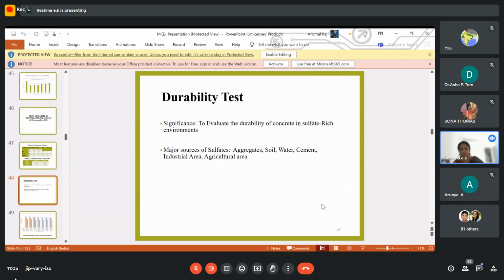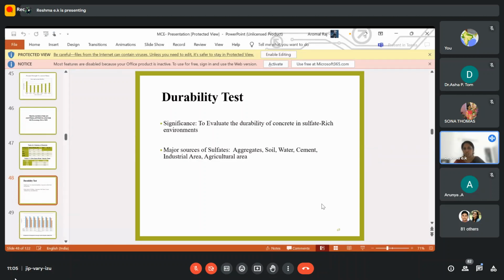The reason behind this is the major source of sulfates. Sulfates can be of exogenous or endogenous origin, so we need to concentrate on both material and environment. From the material, sulfate can come, and from the environment also, for example if the pavement is in an industrial area, with industrial waste, or water from agricultural areas where many pesticides are used, sulfates may attack.